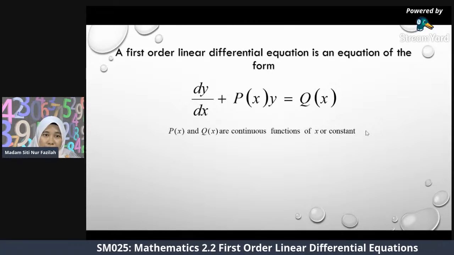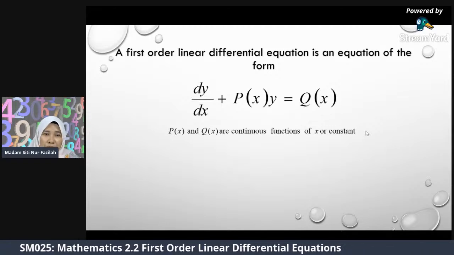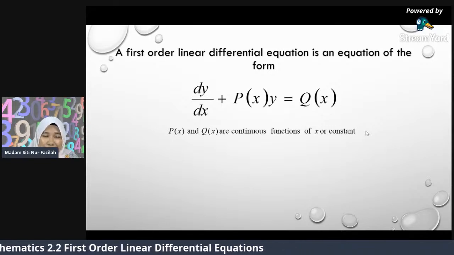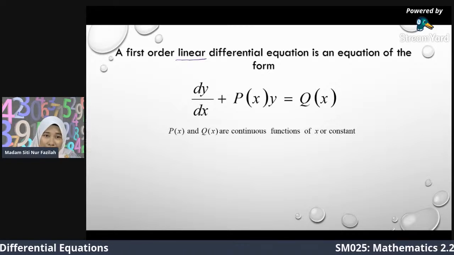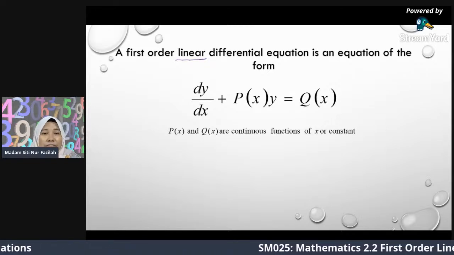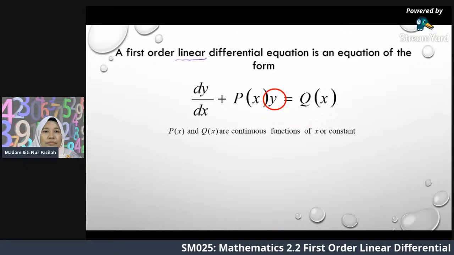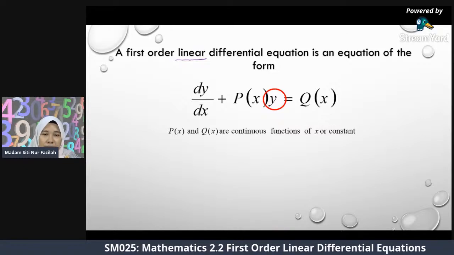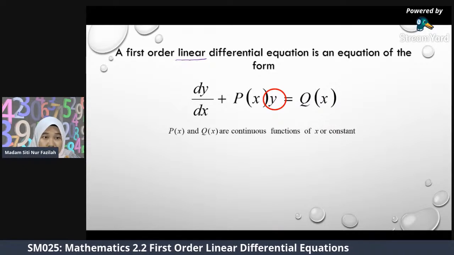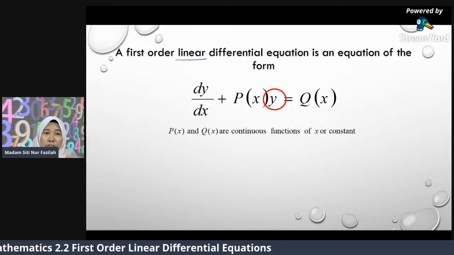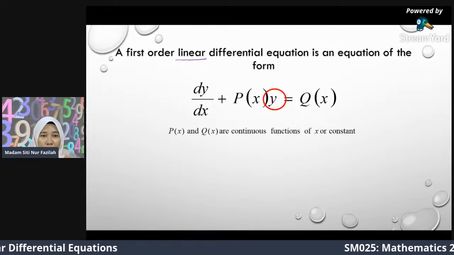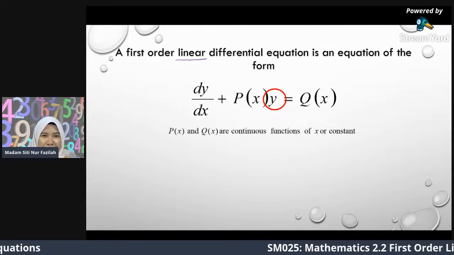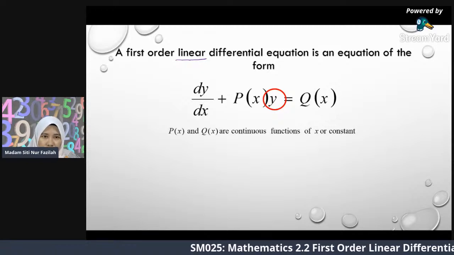This is the standard form for first order linear. Why linear? Because the variable y must be to the power of 1.